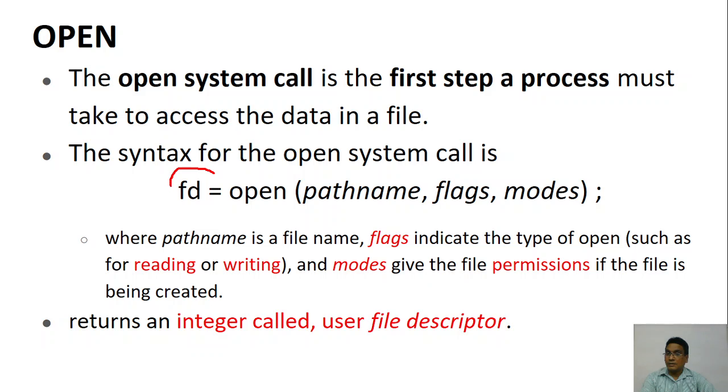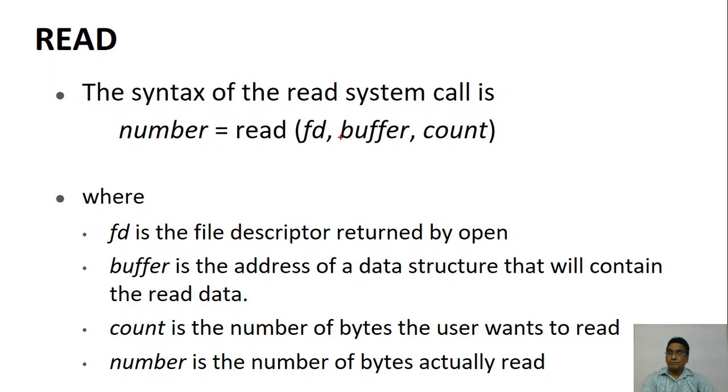So the file descriptor that we obtain when we open a file has to be used. So we use the file descriptor, the place where the read content has to be stored, that is the buffer, and how much we want to read, that is the count of bytes that we want to read.